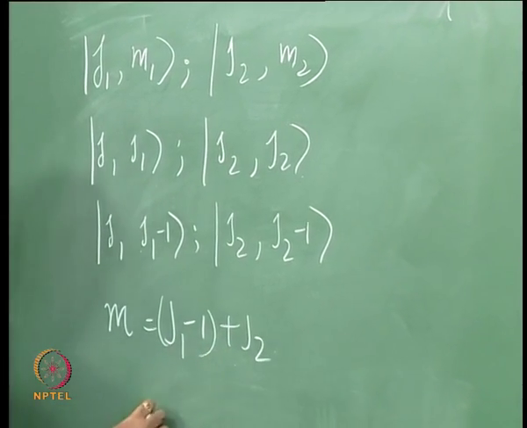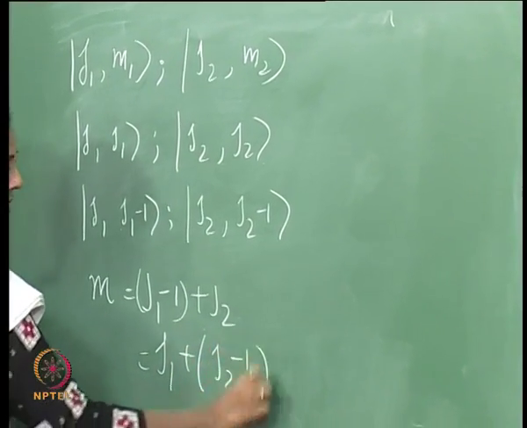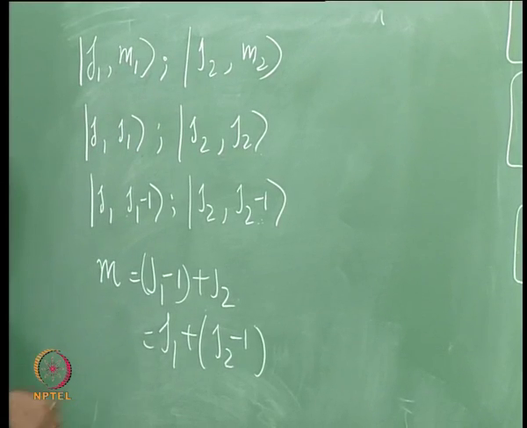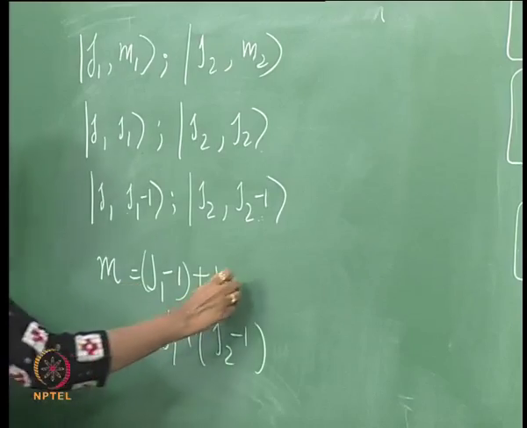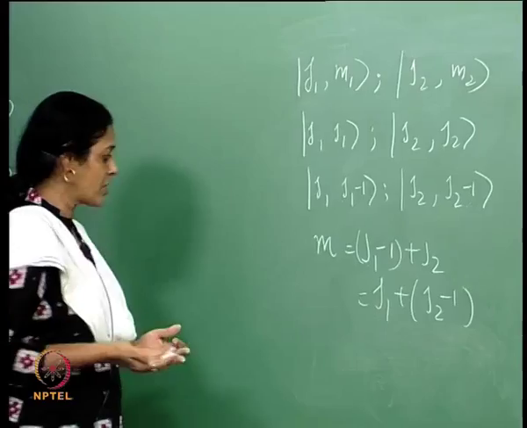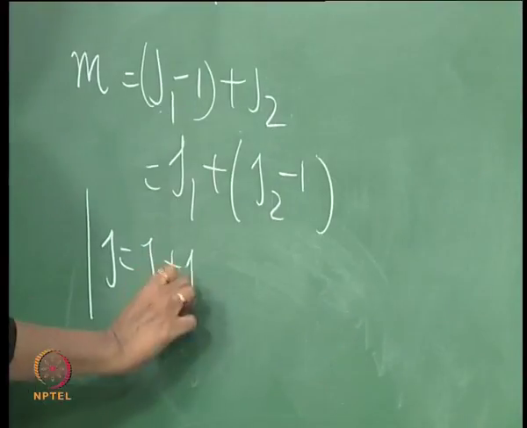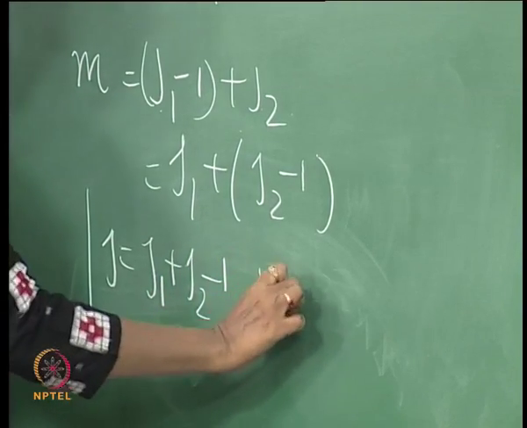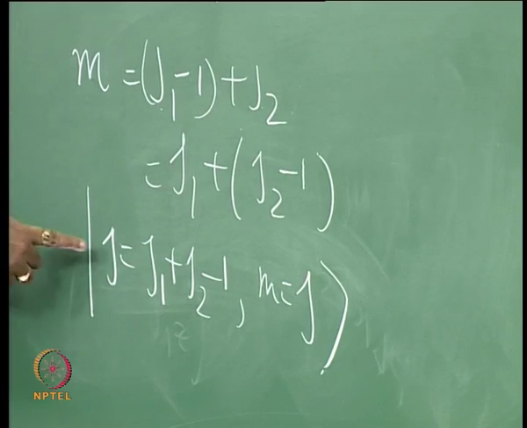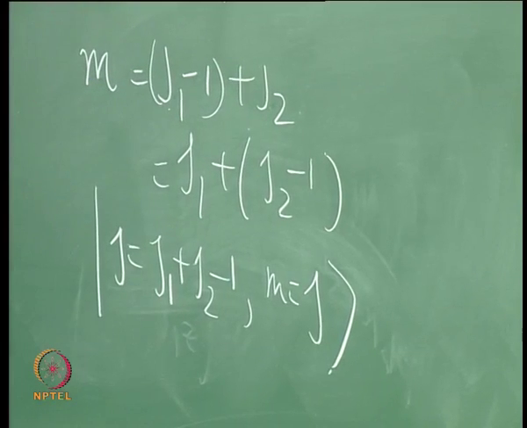I could have got it the other way. This value could also be j1 plus j2 minus 1 from here, combining with j1 from there. Surely if m takes this value j1 plus j2 minus 1, I could think of the stretched case where j is equal to j1 plus j2 minus 1 and m equals j. That is one way in which m takes values j1 plus j2 minus 1.